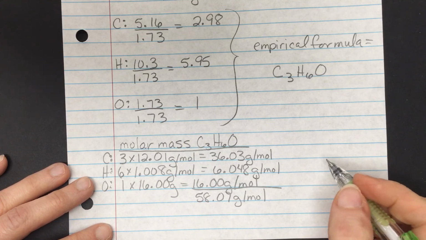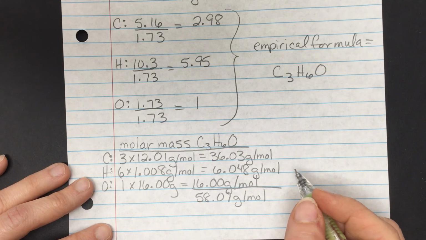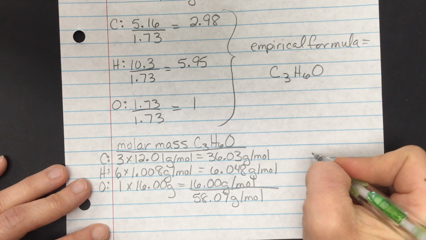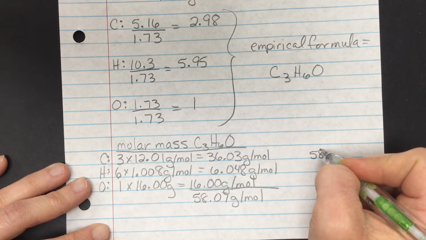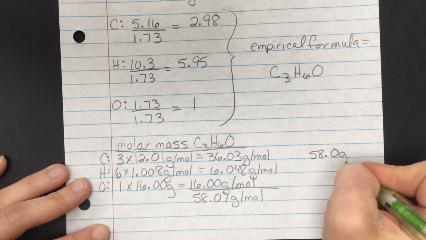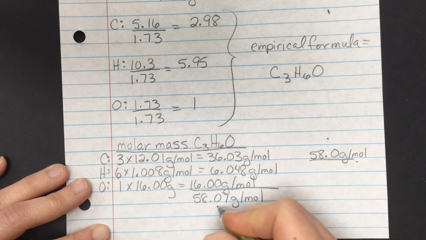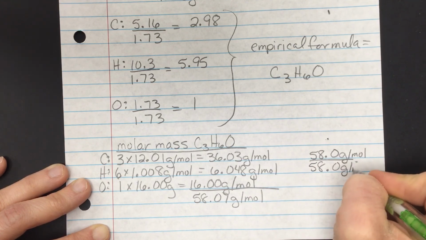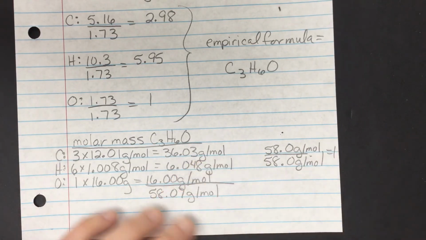Now, in the original problem, I was told that the molar mass of acetone is 58.0 grams per mole. So I divide 58.0 grams per mole by 58.0 grams per mole, and I get 1.